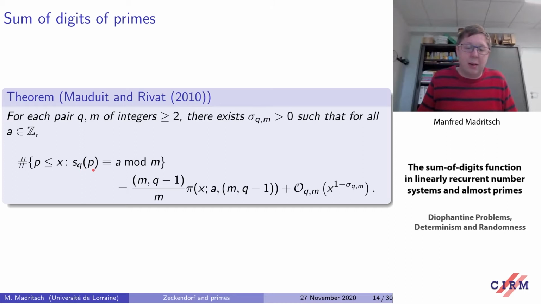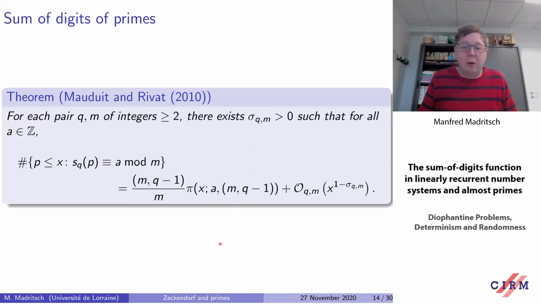So they looked at the sum of digits function over primes, and here we do not have this condition that m and q minus 1 are coprime. So this is now encoded here. If they are not coprime, then you take them from a certain residue class, and you don't take all prime numbers, you take only a certain subset, because the others cannot be reached because of the rule of nines.